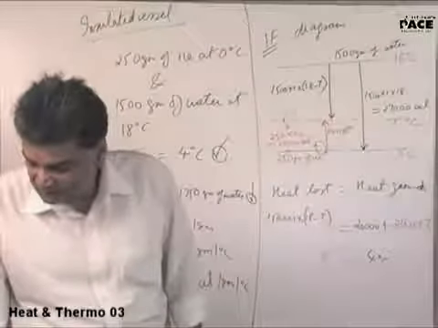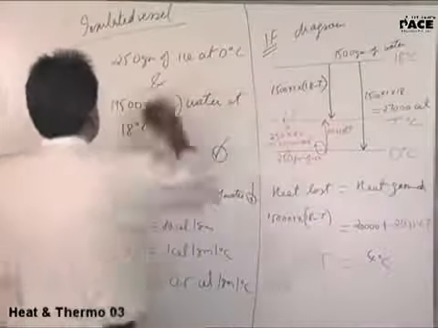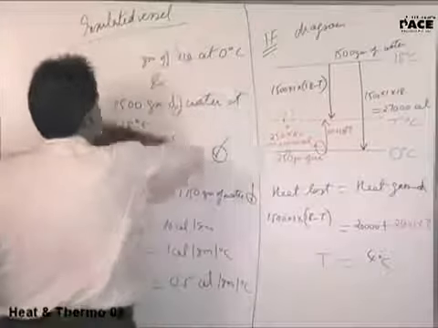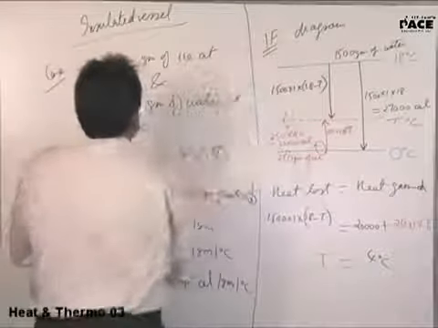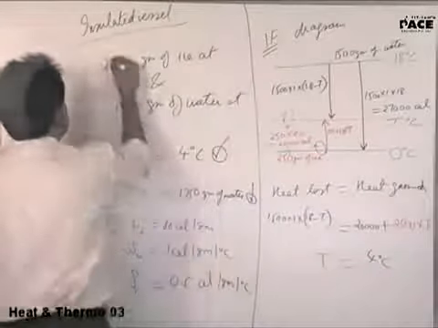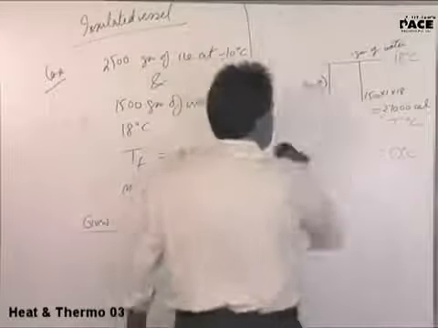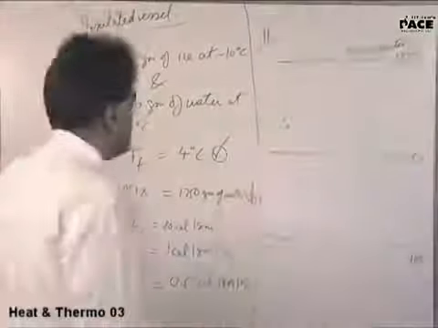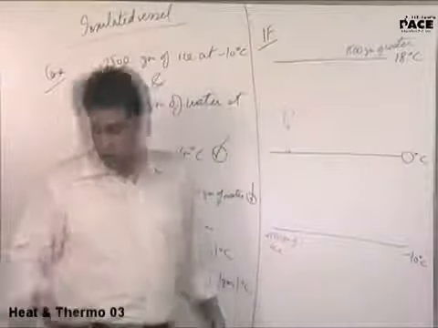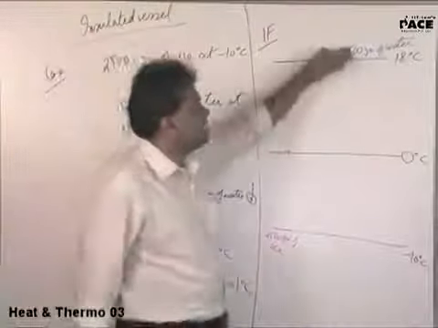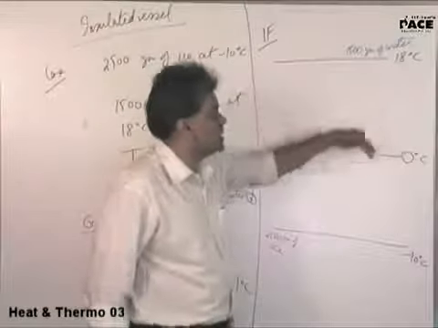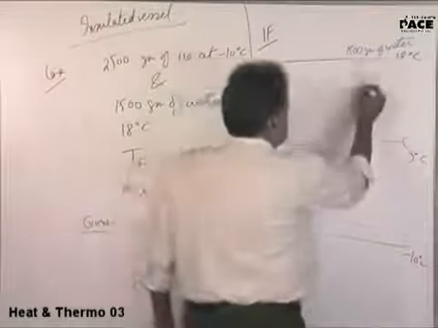Case 3, you have 2500 gram of ice at minus 10 degrees centigrade. Rest of it is same. So I draw the diagram once again. Let's start. Let's go together. So first of all, we will check what if all the water becomes 0 degree centigrade.